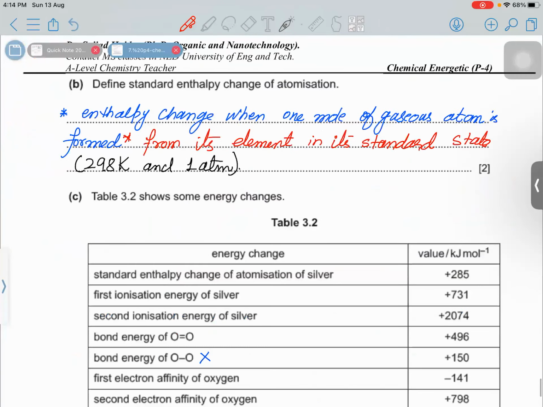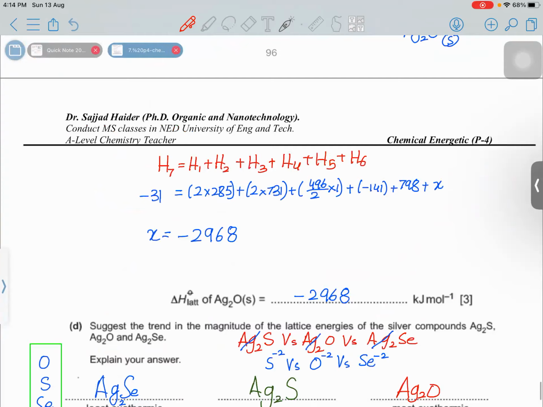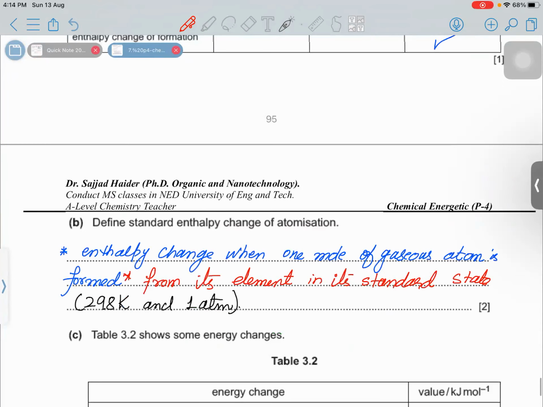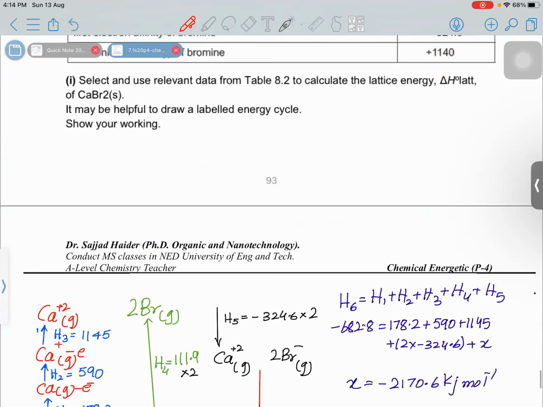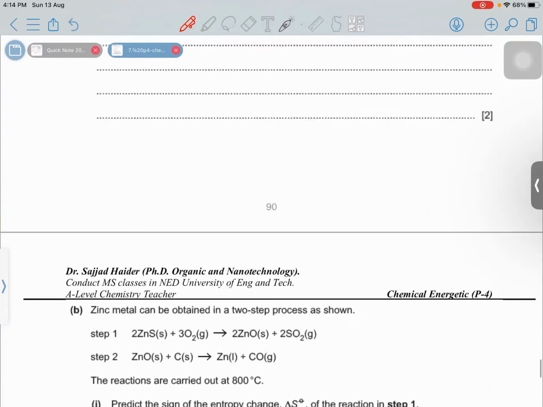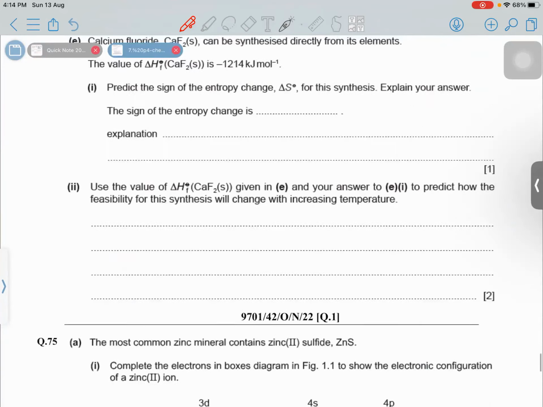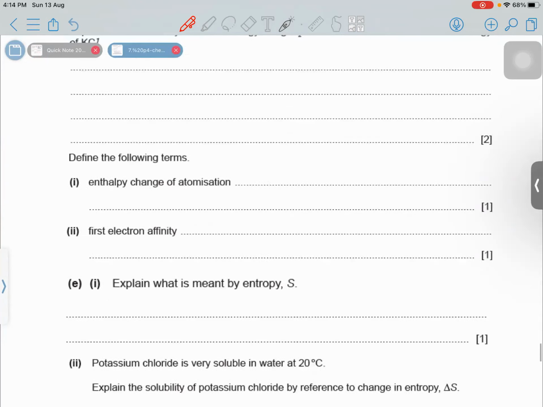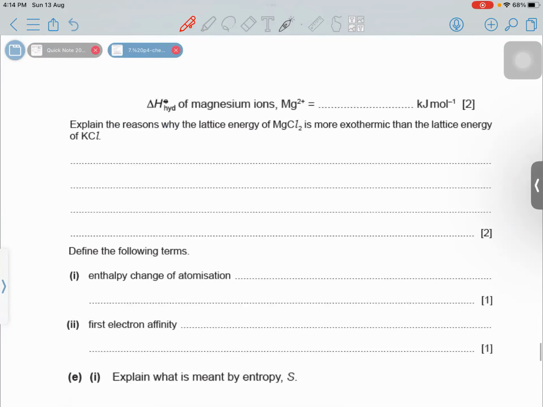So this is all about lattice energy and hydration. In the next class, we will do more questions from the past paper. After completion of the chapter, I will send you 2 files: one, written notes, and number 2, the past paper solutions.